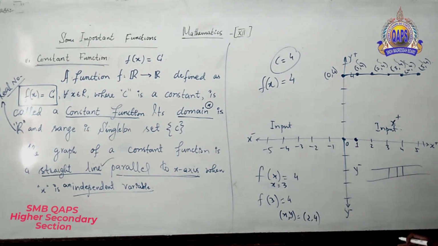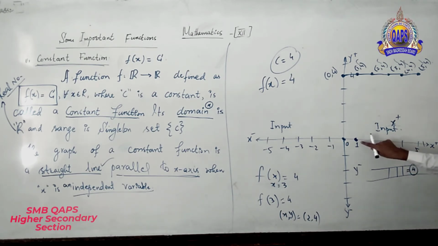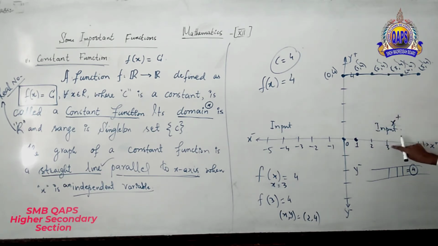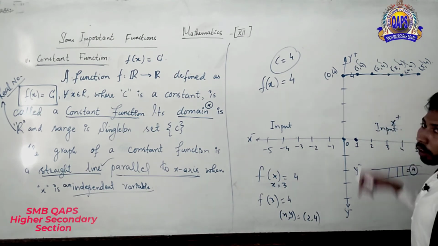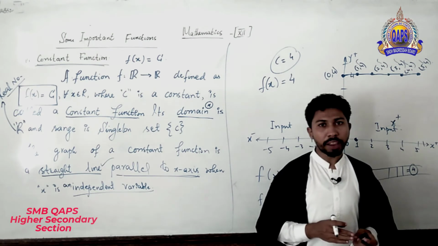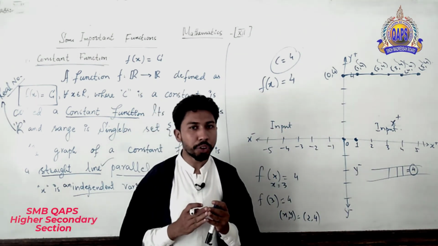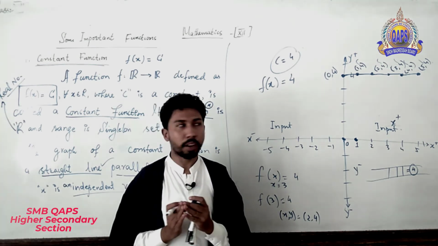The distance between both lines is equal to 4, because put 1, the result will be 4, put 2, the result will be 4, 3, 4, 4, 4. So in between the result is 4, because parallel lines are lines which never intersect each other; in this situation, these lines represent parallel lines.